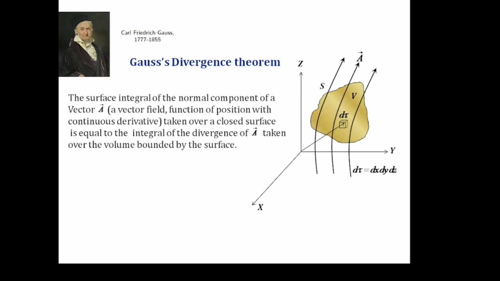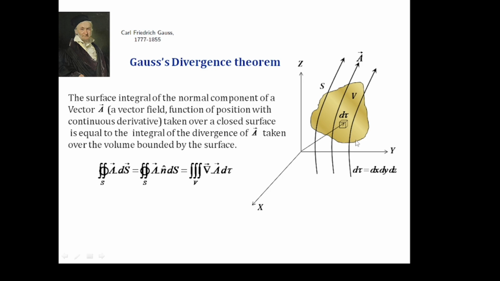Now, Gauss's divergence theorem. It simply relates the surface integration to the volume integration. Suppose the surface integral of the normal component of a vector A, a vector field which is a function of position with continuous derivatives, is taken over a closed surface.